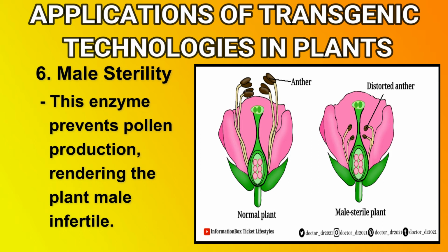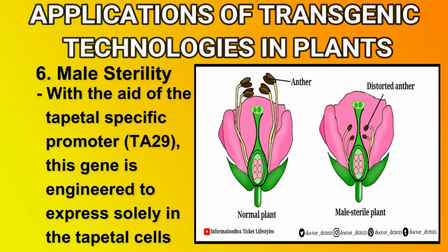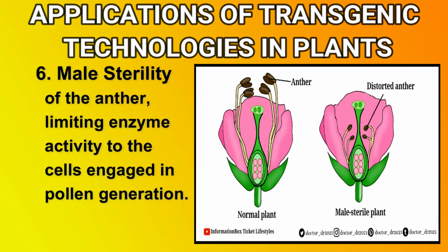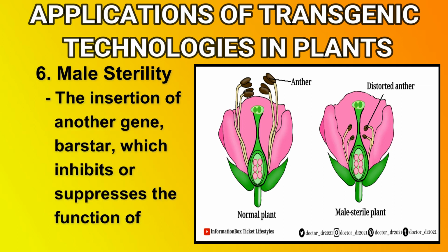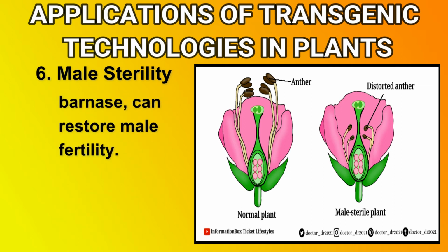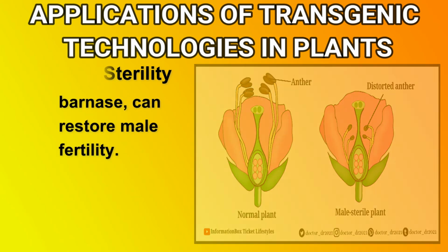This enzyme prevents pollen production, rendering the plant male infertile. With the aid of the tapetal-specific promoter TA29, this gene is engineered to express solely in the tapetal cells of the anther, limiting enzyme activity to the cells engaged in pollen generation. The insertion of another gene, barstar, which inhibits or suppresses the function of barnase, can restore male fertility.